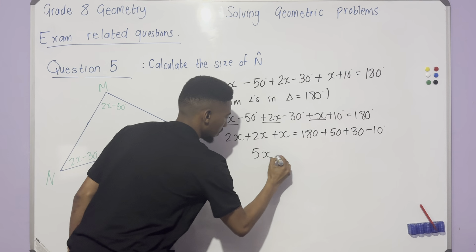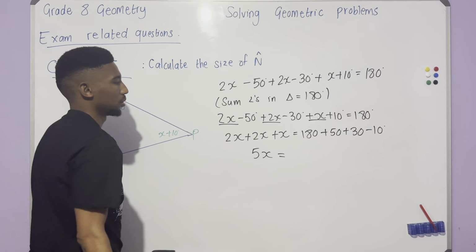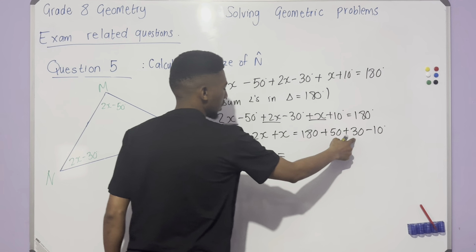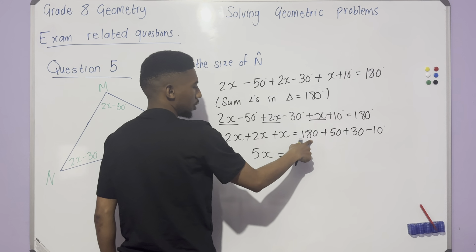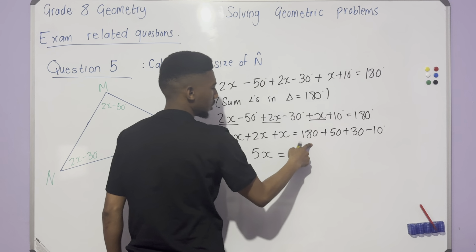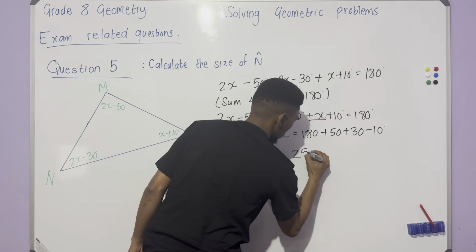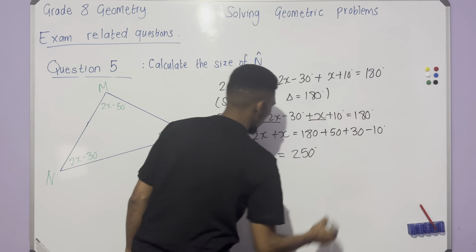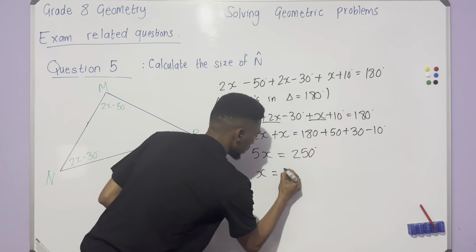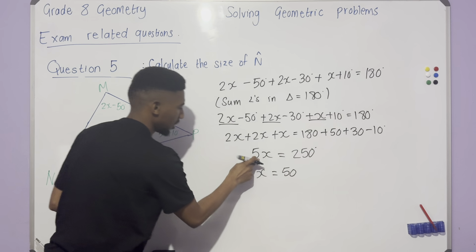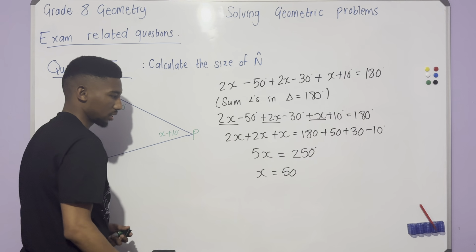This gives us 5x is equal to 210 minus 10, which is 250 degrees. x is equal to 50 degrees after we divide by 5 on both sides.